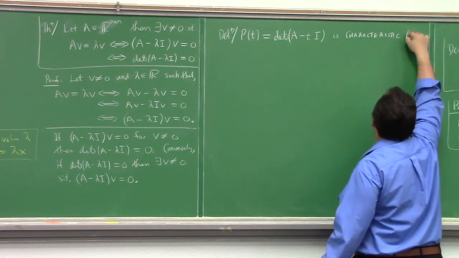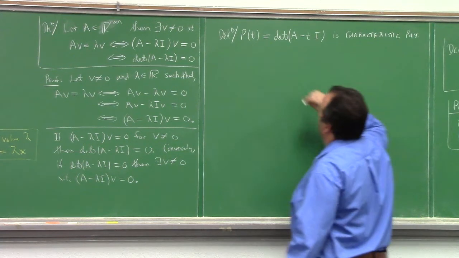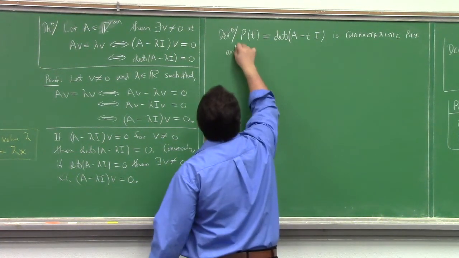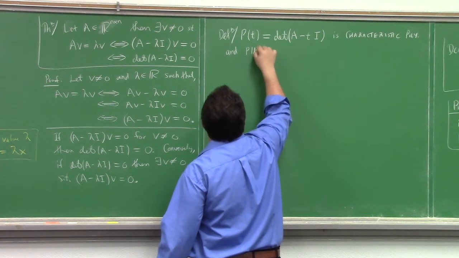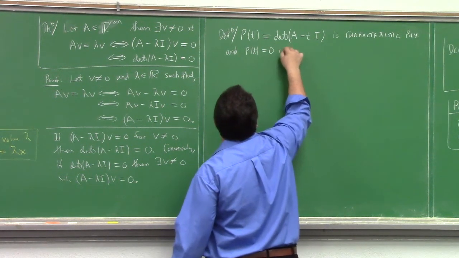Characteristic polynomial. And P of t equals 0 is the characteristic equation, right?